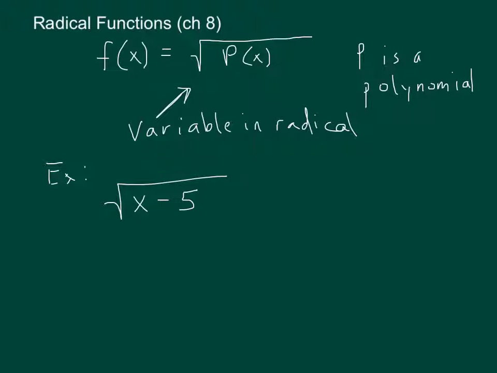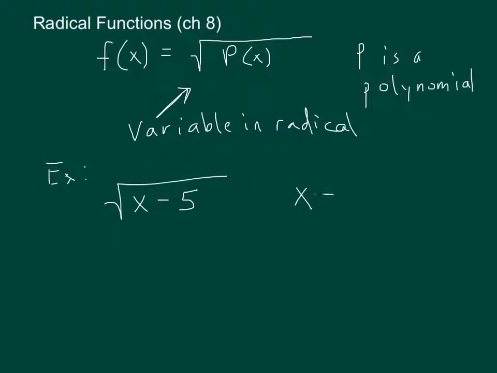But in square root functions, inside the radical here, we must have a positive value because the square root of a negative number is not real in our world. Next semester in Math 80, you'll get to talk about that.